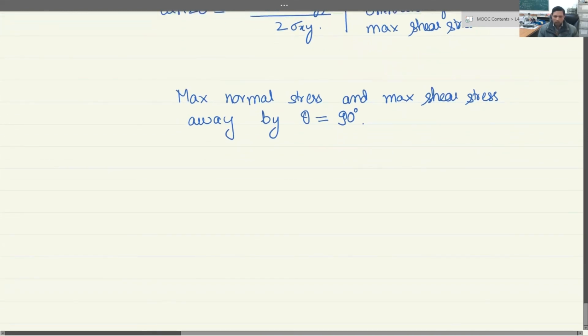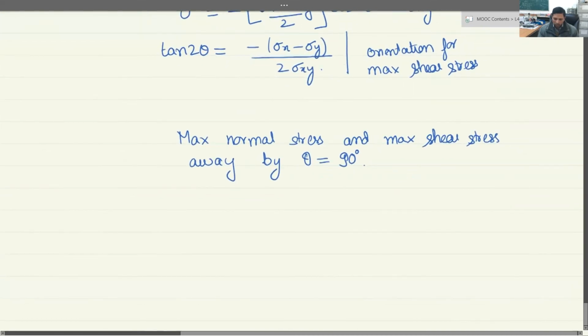Okay, so these are some of the important things that we can notice from here.